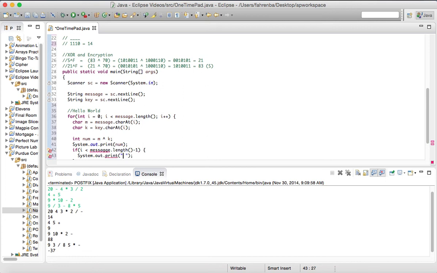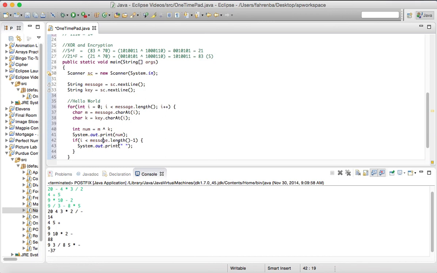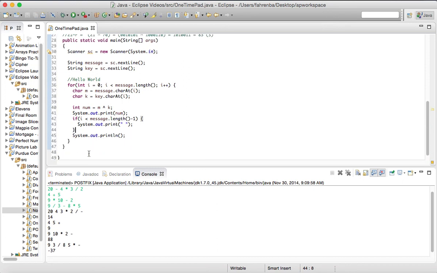But here I do. And I think I spelled message wrong. And then to finish off my program, I'm going to add a println command here. So that way it'll add a new line like the Purdue direction said. And that's it. I could have done this even shorter, but this is all you have to do for this program to do the one-time pad.